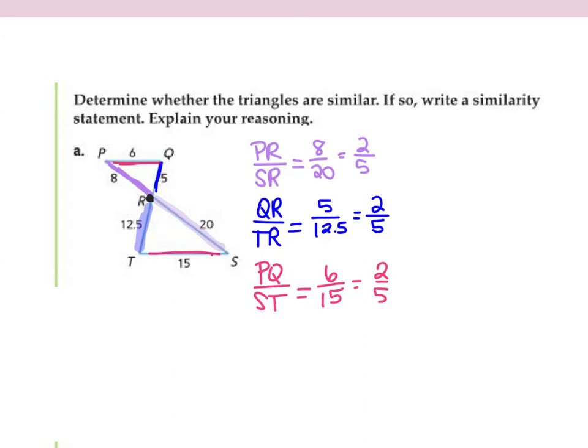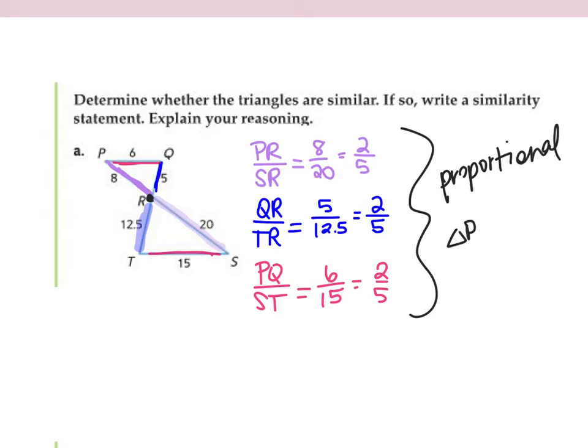So we have three corresponding sides that are all the same proportion. Since all three are proportional, we can say that triangle PQR is similar to triangle STR.